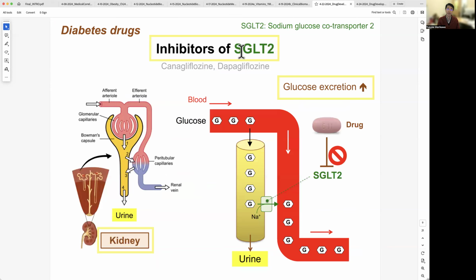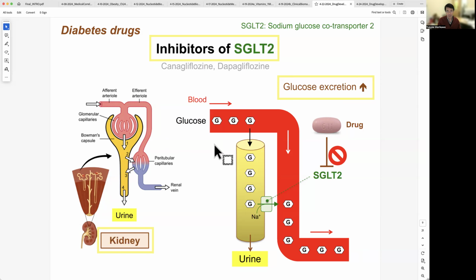And the fourth one is inhibitors of SGLT2, sodium glucose cotransporter 2. What you need to know is that this drug is acting on the kidneys, because the kidney is the place that filters glucose and reabsorbs this glucose.